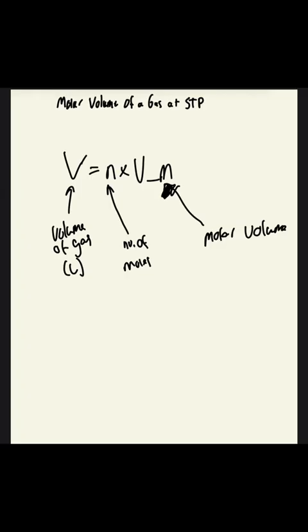Now, we could go through a worked example for this. Let's say the question is asking us what volume does 3.5 moles of nitrogen gas occupy at STP. So we're trying to find the volume, and we know that the moles is equal to 3.5, and we're told that it's at the standard conditions, which means that Vm is going to be equal to 22.7.